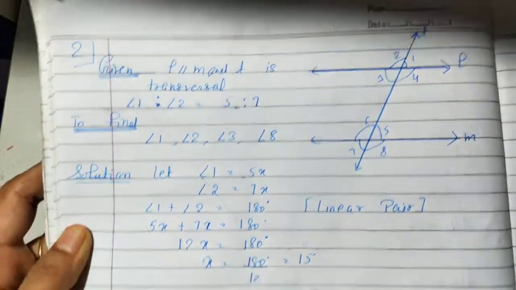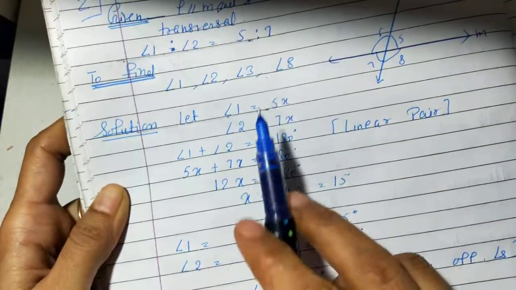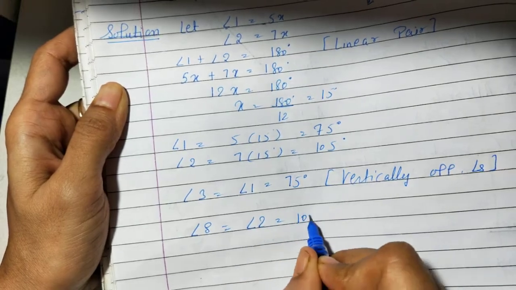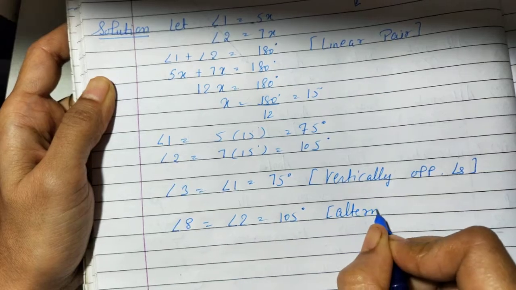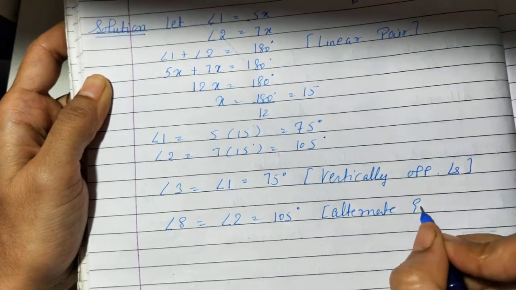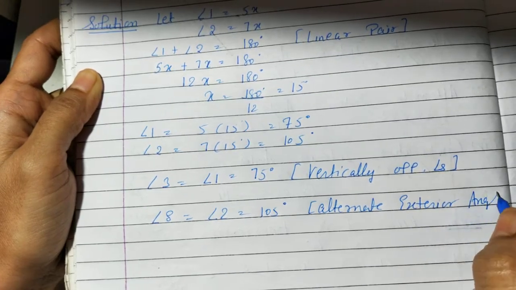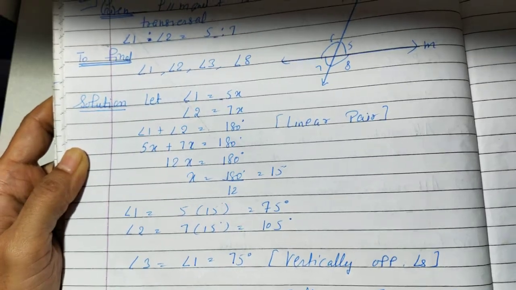Angle 8 is equal to angle 2. The fourth one which we have to find out, angle 8. Angle 8 is equal to angle 2 is equal to 105 degrees, alternate exterior angles. Okay class, this is our second question in which we are having the ratio of two angles.